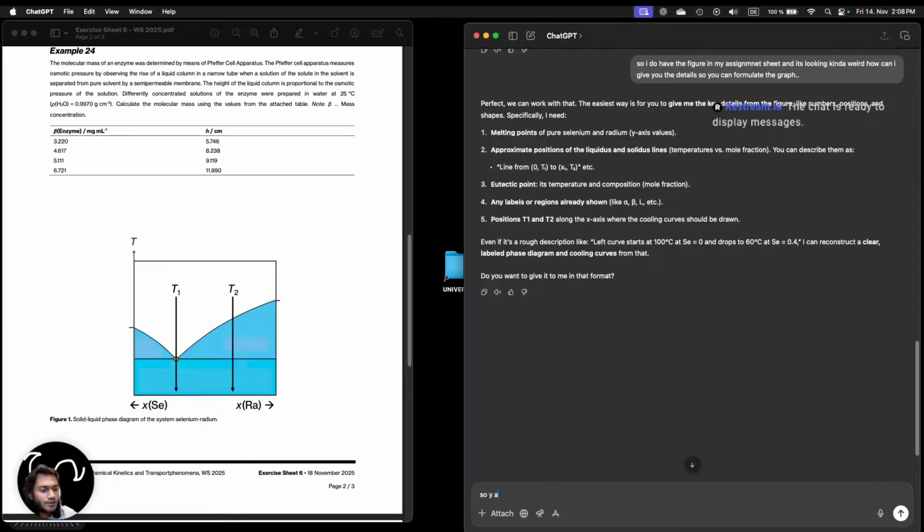So the y-axis is T, the x-axis to the left is selenium, and to the right is radium.